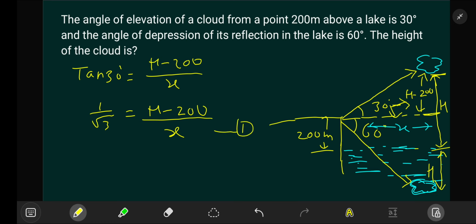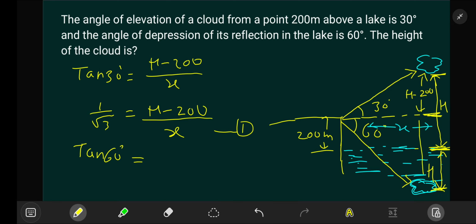Next apply tan 60 degrees. Tan 60 degrees is equal to opposite side by adjacent side. This is the h height from the cloud to the surface of the water, and the surface of the water to the surface of the soil is 200.